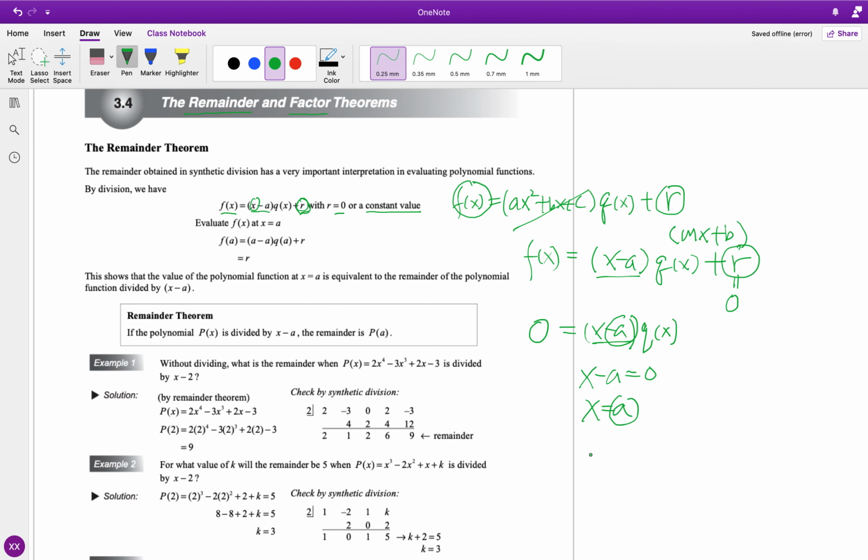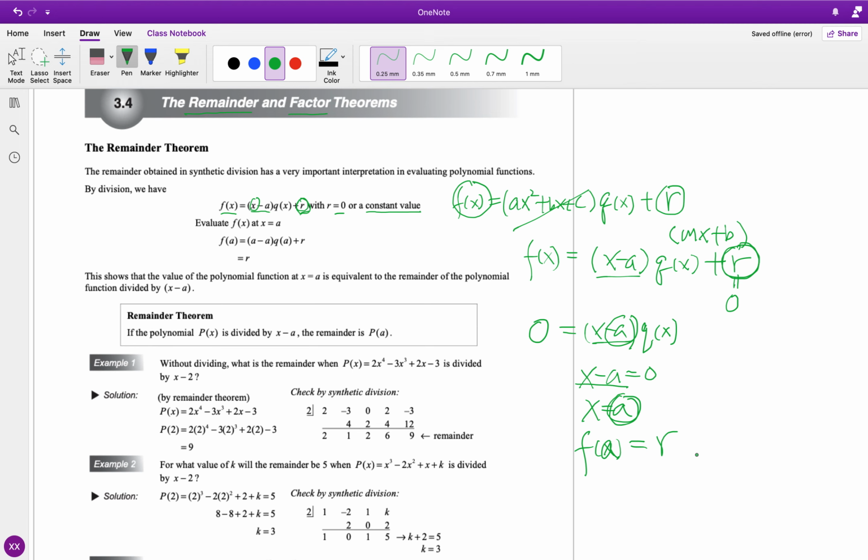So how can I make sure this is 0? The theorem says that if you divide by x subtract a, f(a) is your remainder.